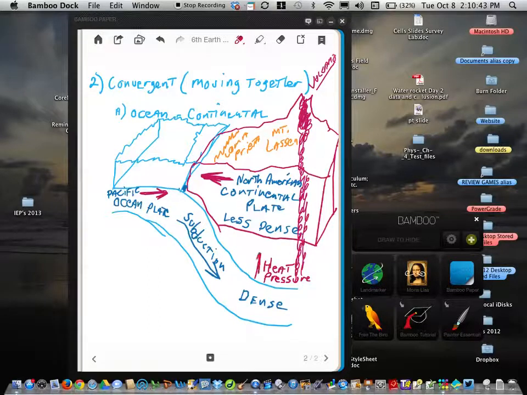So I'm going to draw an arrow up. That means high or great, or a lot. So high heat and pressure down deep in the earth here, creating the melting of the rock and the magma that forms this volcanic ridge that runs all the way to Alaska. Okay, does that make sense? Okay.